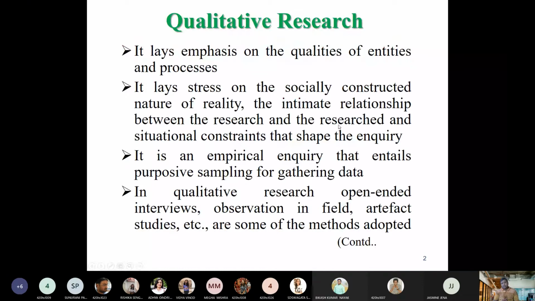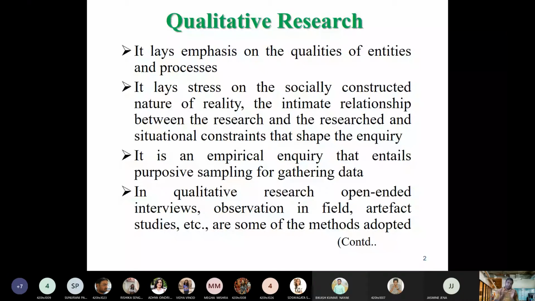What exactly is qualitative research, and what is the importance of ethnographic methodology, which we usually use in the context of qualitative research? If you look into qualitative research, it lays emphasis on the qualities of entities and processes. Whatever information we are collecting, it always emphasizes entities and processes of different aspects.